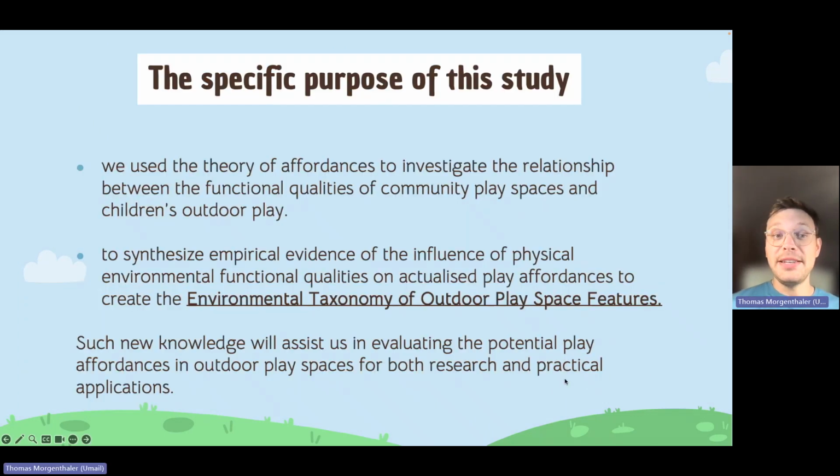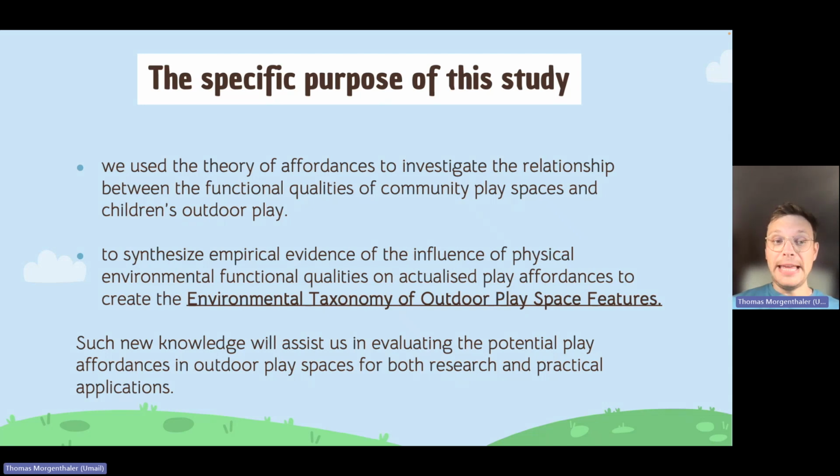For this study, we used the theory of affordances to investigate the relationship between the functional qualities of the environment in community play spaces and children's outdoor play. We looked at empirical evidence, specifically the physical environment, and we developed the environmental taxonomy of outdoor play space features.